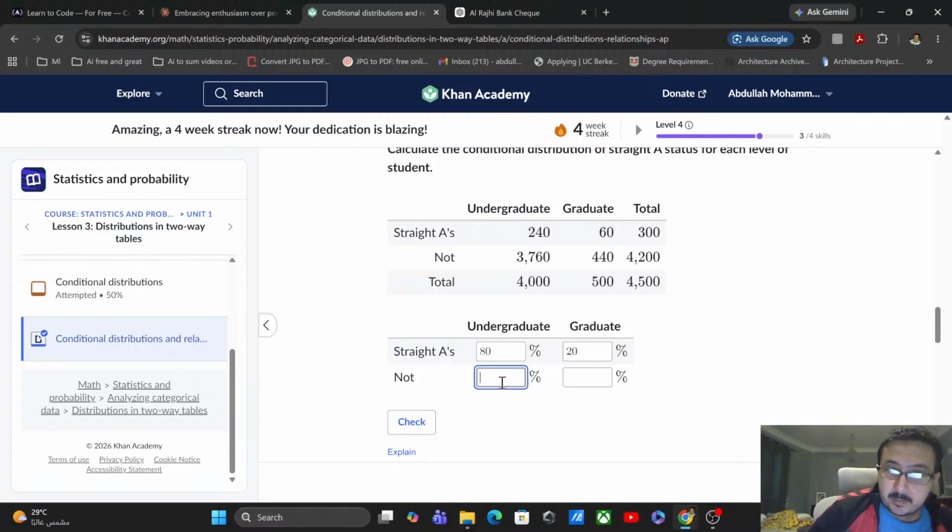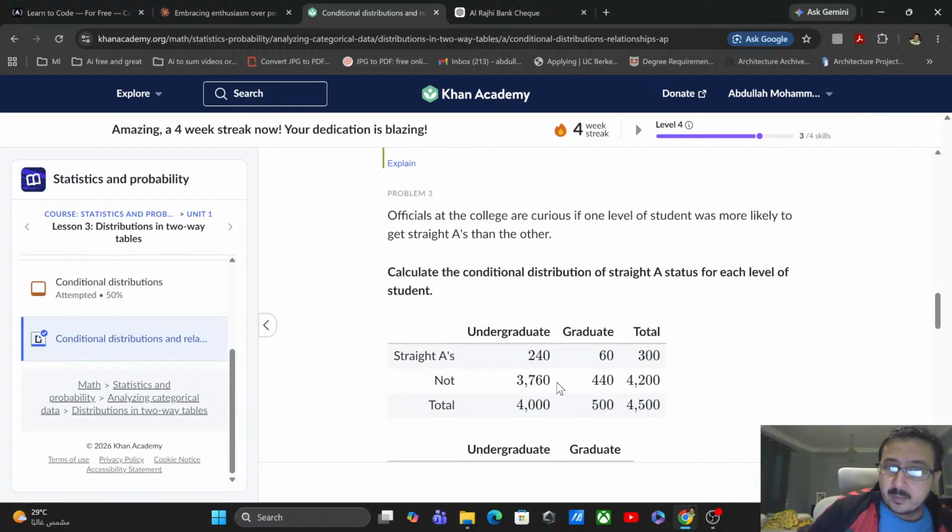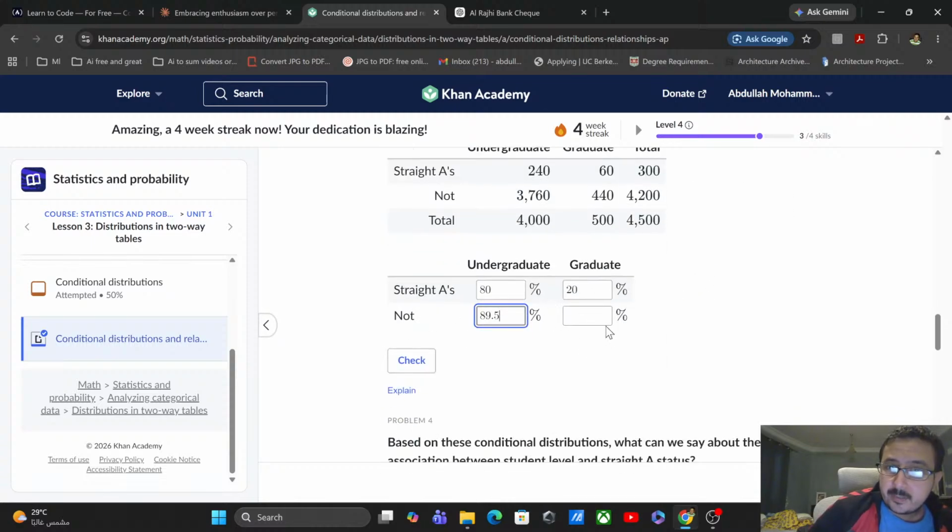Is there 89.5? 89.5. I don't think this is for each level. Distribution of straight A status. Doesn't say not, but of course this is the rest, which is 10.5. 9.5.